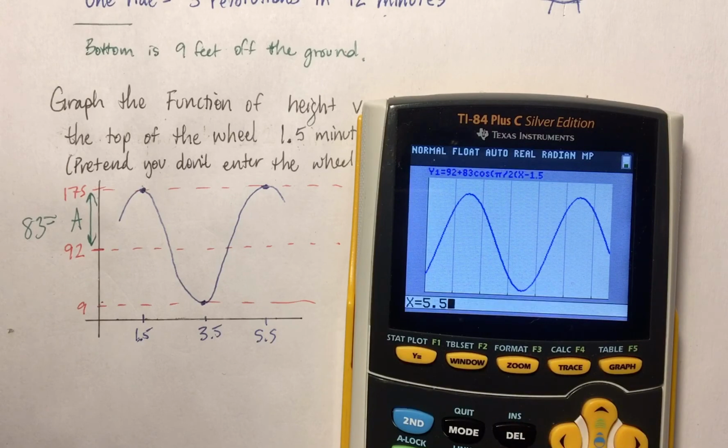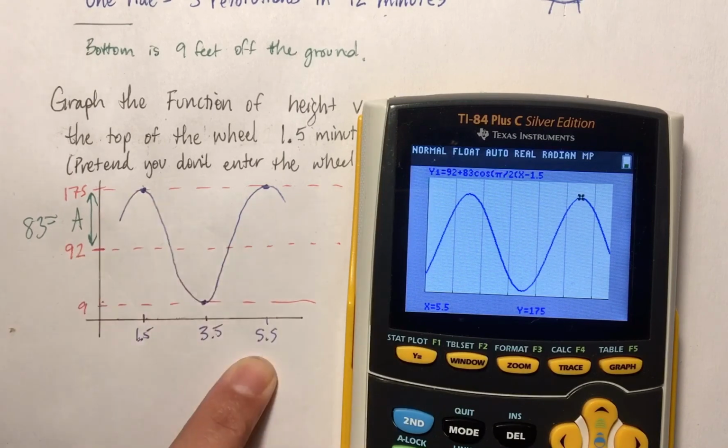And then at 5.5, I should be at the top, and I am. So it's a good idea to verify by graphing, and remember, you can set your window based on what you've drawn. So there is our example of writing a sinusoid and making a graph for a real sort of fake story problem type thing.